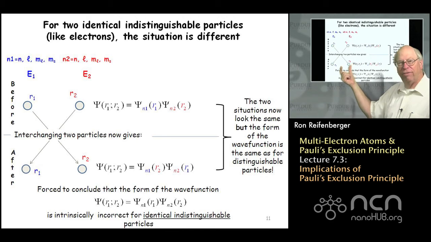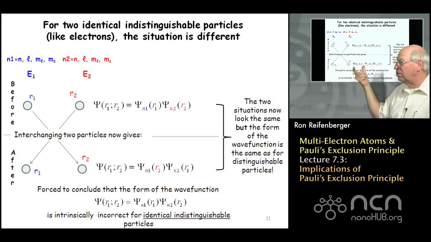But I cannot physically tell the difference when I look at the two electrons. And the reason I can't is because I can't color the electrons. I don't have a color form. So physically, the real situation is indistinguishable, right? I switch the two particles and I can't tell the difference. But if I approximate the two particle wave function by the product of these two individual wave functions, I can clearly see there's a difference.